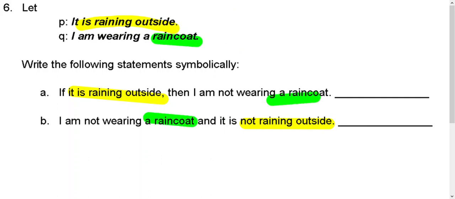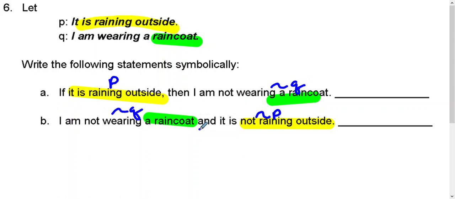So let's see now if we're dealing with P's, Q's, and not P's and not Q's. P is if it's raining outside. If it's not raining outside would be not P. Now the raincoats. Wearing a raincoat is Q. So I am not wearing a raincoat is not Q.